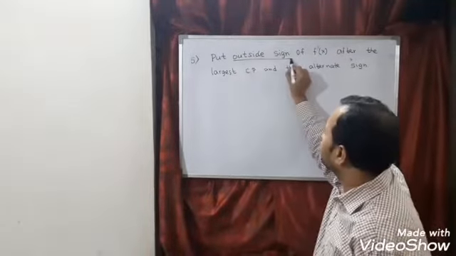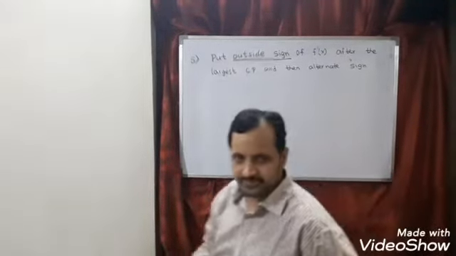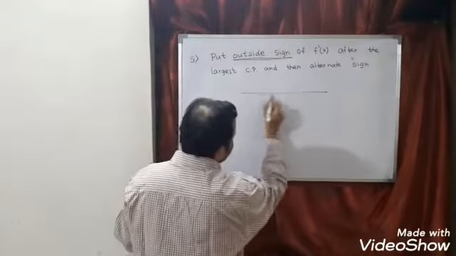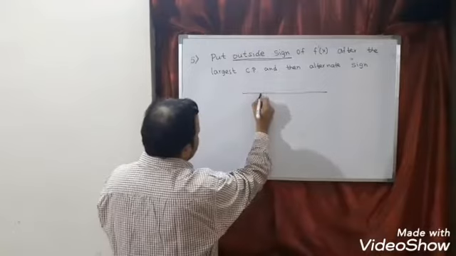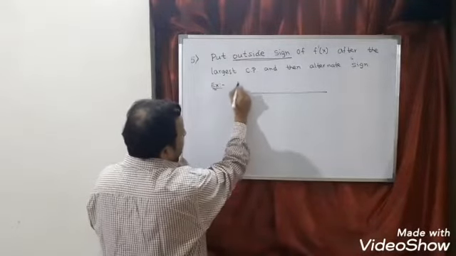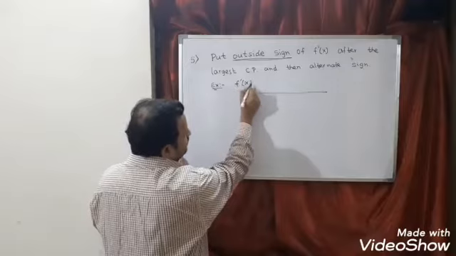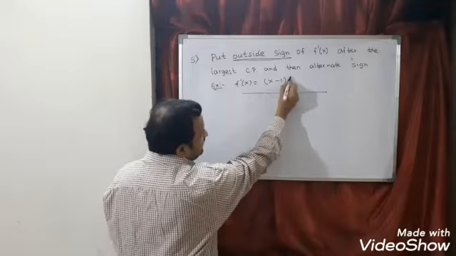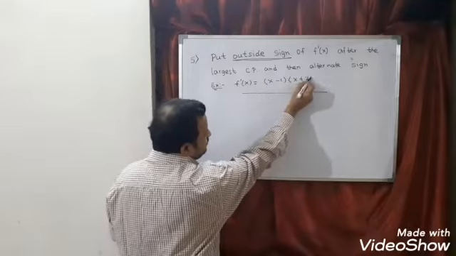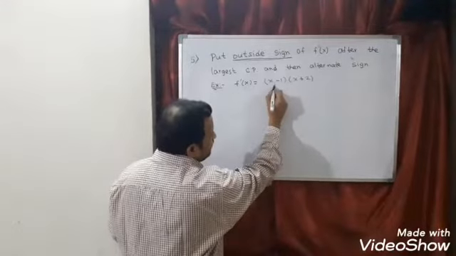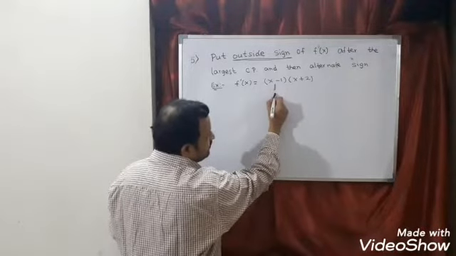What is the meaning of outside sign? Look here. For example, suppose f dash x is equal to something like x minus 1 into x plus 2. So for what value of x will this become 0? 1.